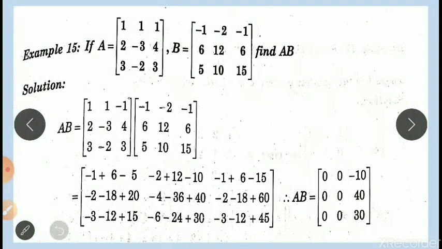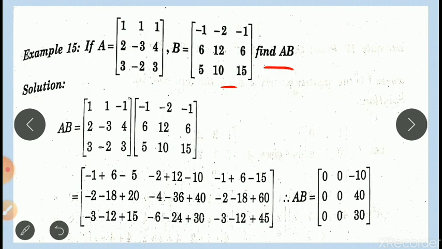Now we'll take the example of 3 into 3 matrix to find out the product of AB. In this example, if A is equal to this matrix and B is equal to this matrix, we have to find out A into B. In this 3 into 3 order matrices, we have to multiply A matrix with B matrix.